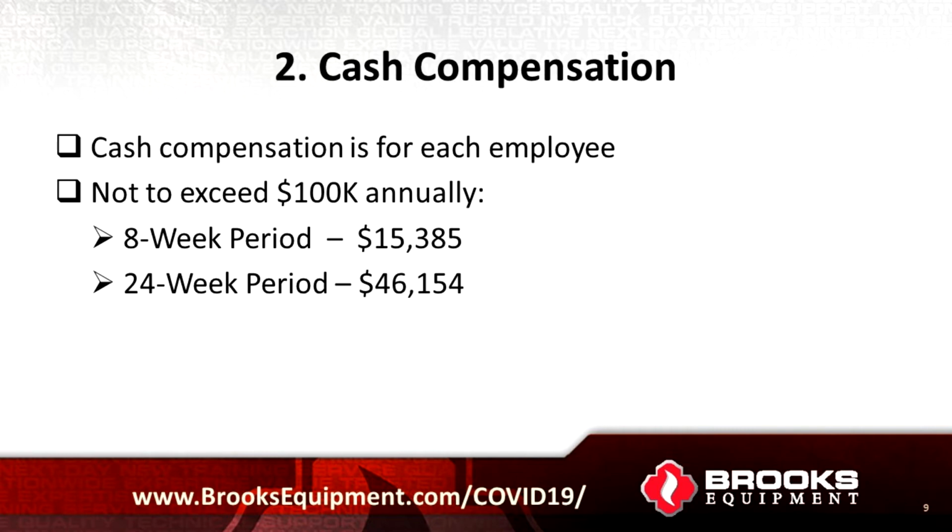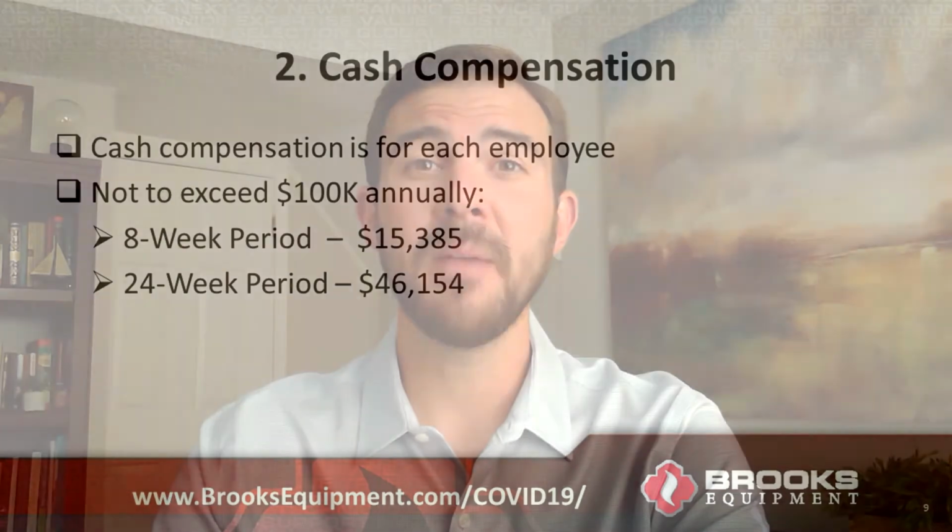For each individual employee, the total amount of cash compensation eligible for forgiveness may not exceed an annual salary of $100,000 for each employee as prorated by the covered period. For an 8-week covered period, that total is capped at $15,385 per employee. For a 24-week covered period, the total is capped at $46,154 per employee.